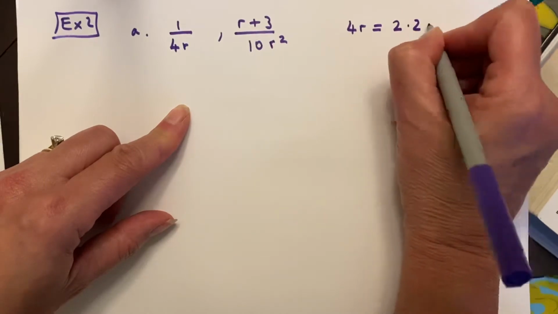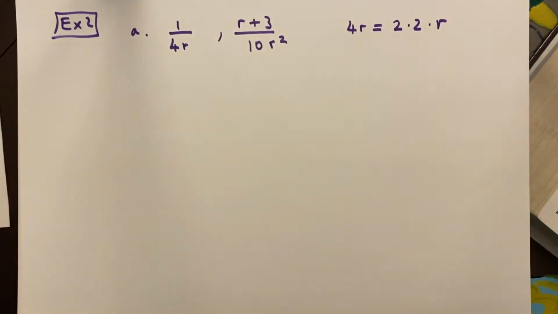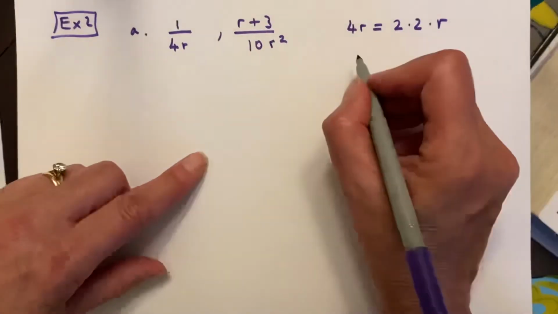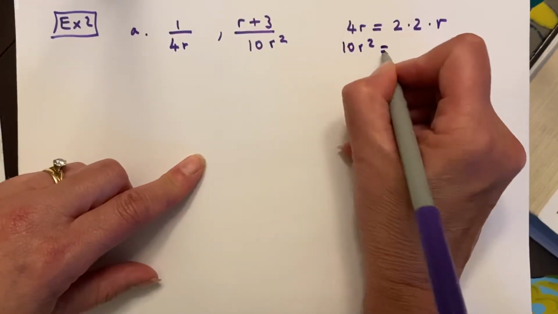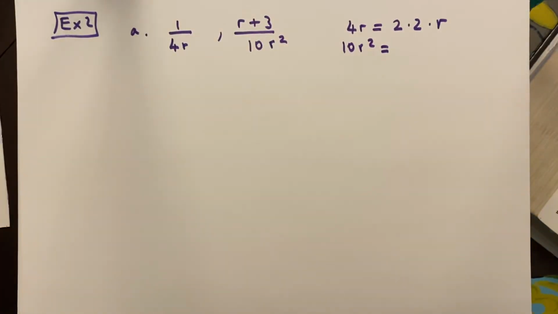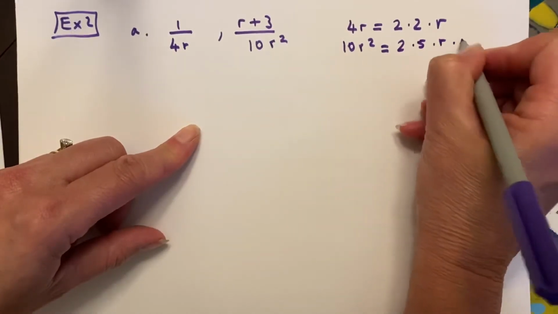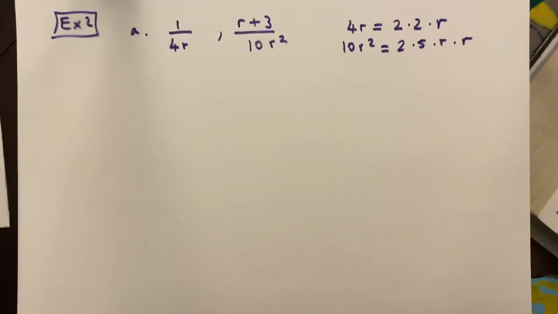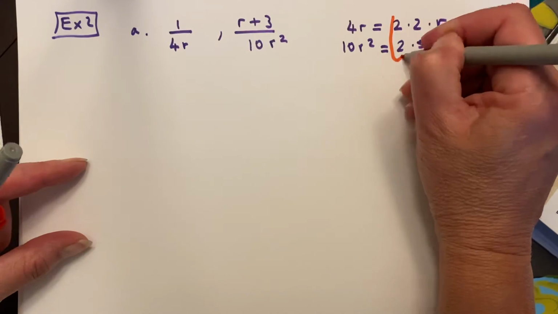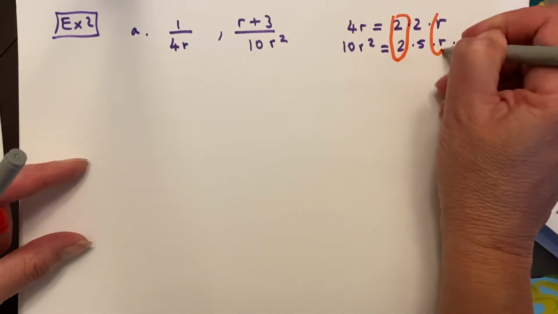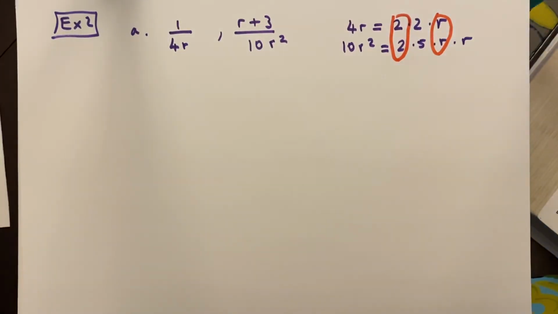2 times 2 times r. And then let's take 10r squared, and we're going to find all its factors. 2 times 5 times r times r. And so we're going to circle these which are in common and these which are in common.